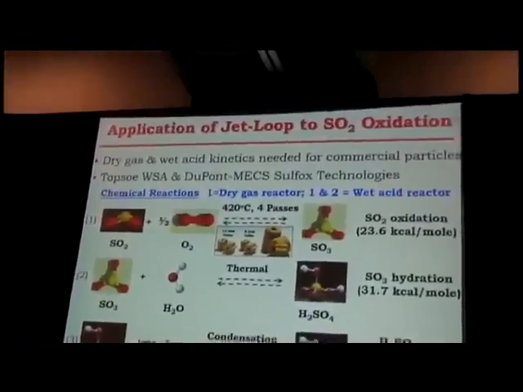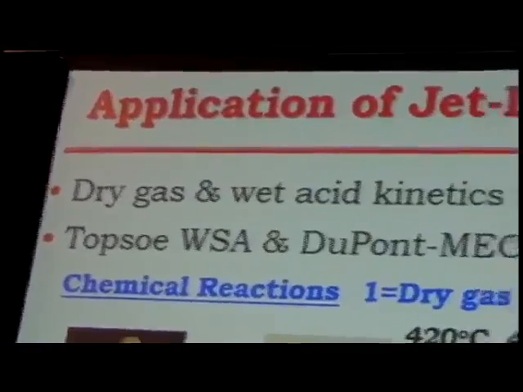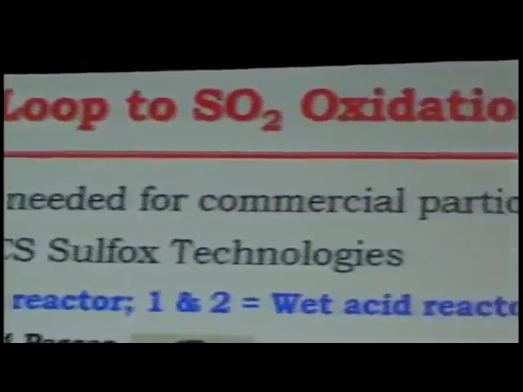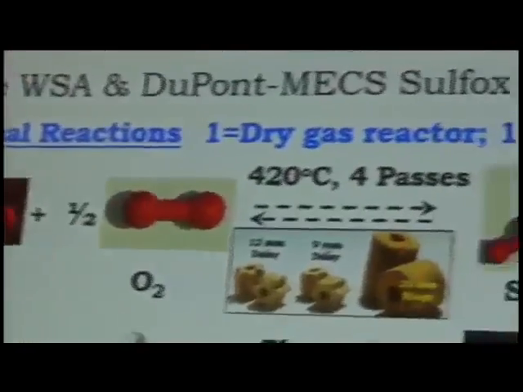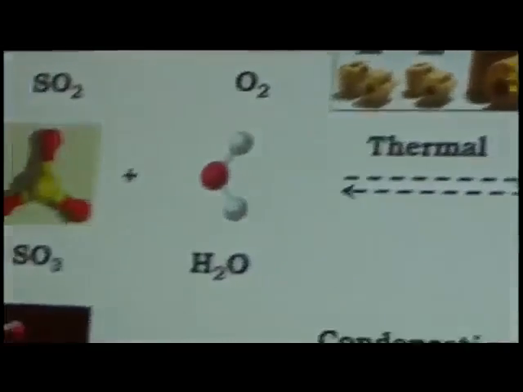So in the next few slides, I'll summarize some results from the jet loop being applied to SO2 oxidation. One of the original reasons for doing this is because we wanted to look at what was called the wet acid kinetics. This is when water is injected in the feed of a typical system.